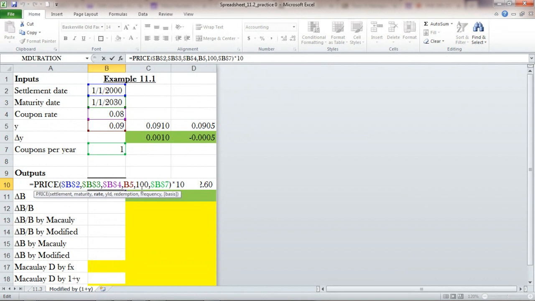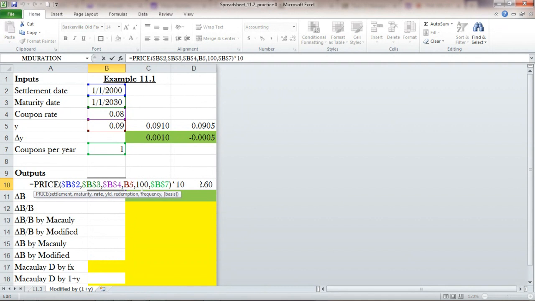And even probably until the 1960s, but after the 1970s, the face value of the bond is always 1,000. The face value, maturity value, par value, redemption value, it's all 1,000, except a municipal bond. Only municipal bonds have $5,000 face value.